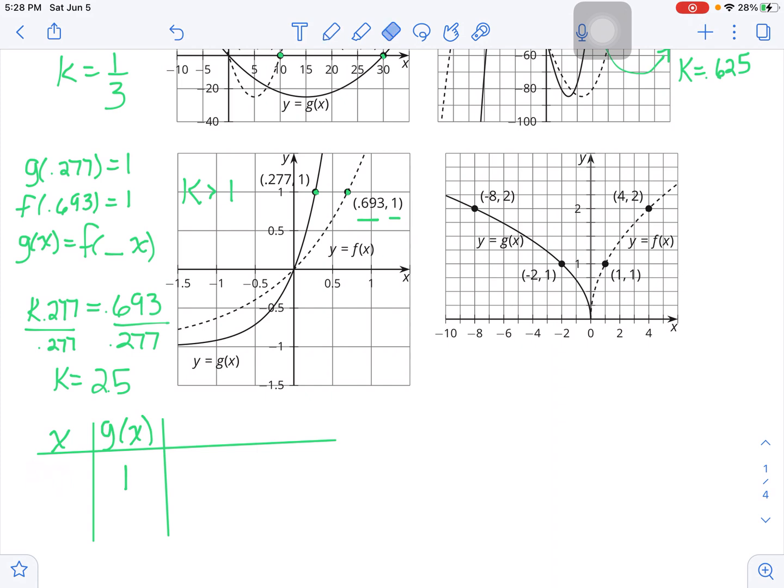What I meant to say here is if I put 0.277 in for x, I get 1 for y, because that's the g of x function down here, the solid line here. So I'm talking about this point. But then if I put that in for x, the function f of x, I need to multiply that by 2.5.